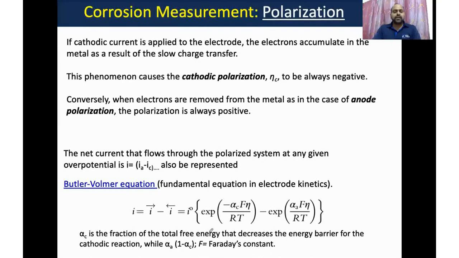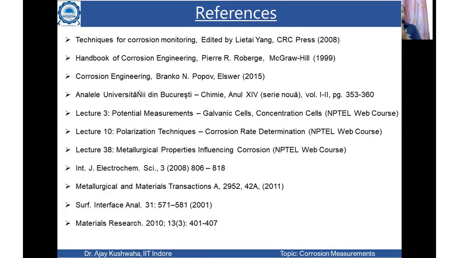If there is a cathodic reaction, that creates a current. Alpha_A is basically 1 minus alpha_C. Whatever is happening at the cathode, let's say the overall fraction is 1, so if 40% is happening at the cathode, then 60% goes to the anode. And F is of course the Faraday constant. So this is all about polarization.